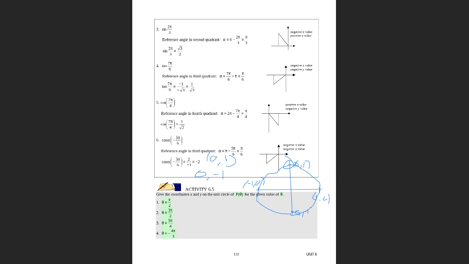Now the third one, we have 5 pi over 4. So we need to find the reference angle. So 5 pi over 4, let's multiply by 180 over pi.